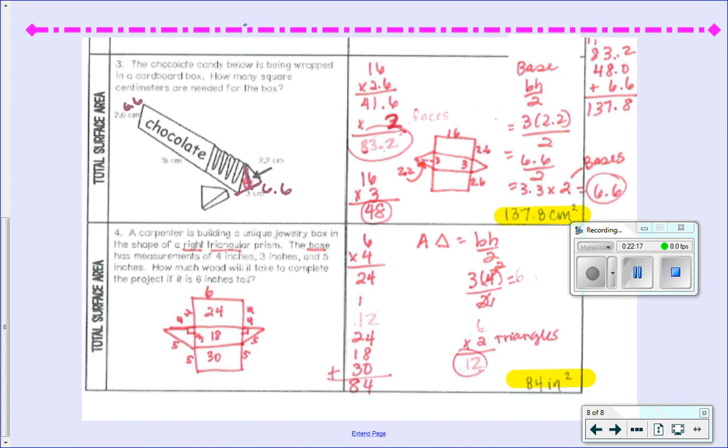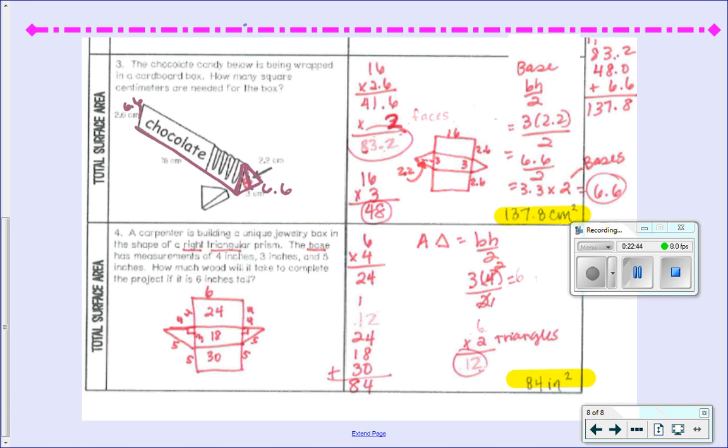Okay. What do we notice about this? Are the sides the same all the way around? Yes, they are. I think you were to assume that. So we have 16 times what? 2.6, right?